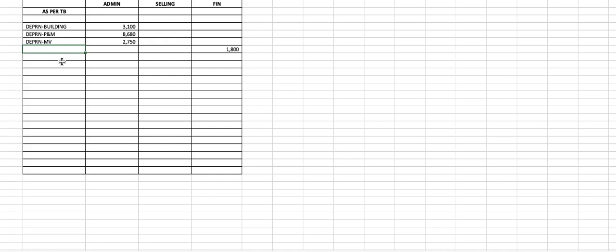Interest on debenture you have in the trial balance is 1,800. So you need to add the new one that we debited just now. So that means, like I said, for 1 year it should be 3,600. Credit accrued, so under current liability here, accrued interest on debenture. This one is 1,800.